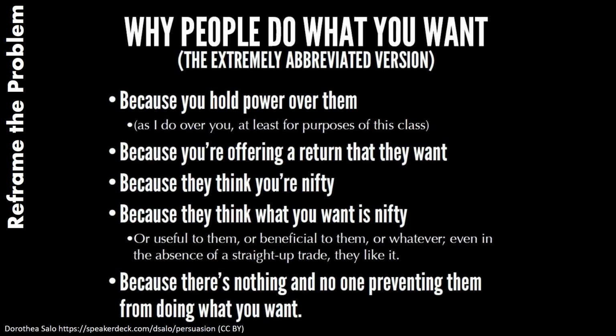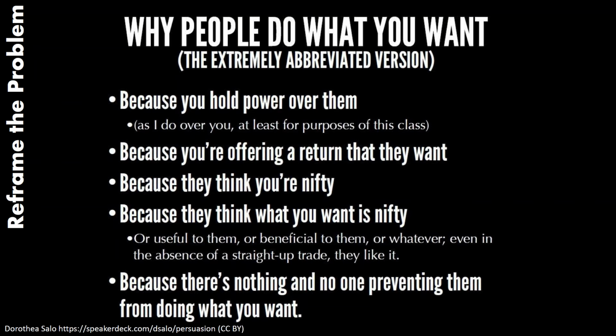She gives a lecture on persuasion and talks about why people do what you want. I want to go through this list because I think it's really helpful, and think about it in terms of data services. Of the 5 things she says, the first is because you have power over them. That might work for Dorothea in her class, but for me in the library, that's not going to fly with a researcher outside the library.